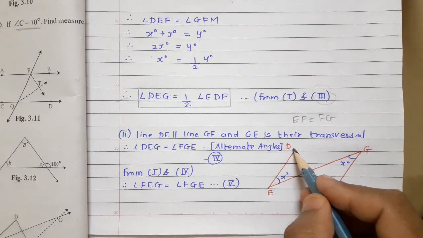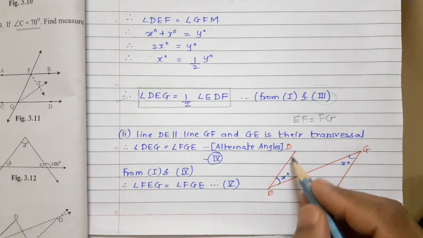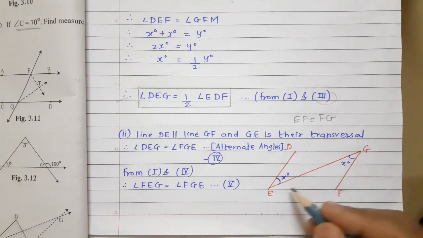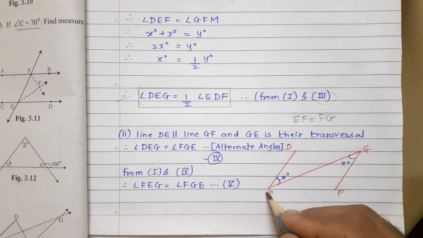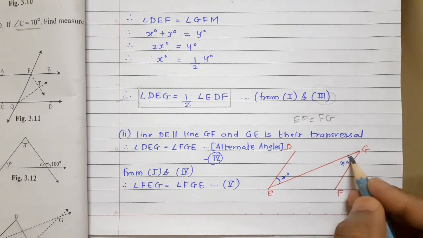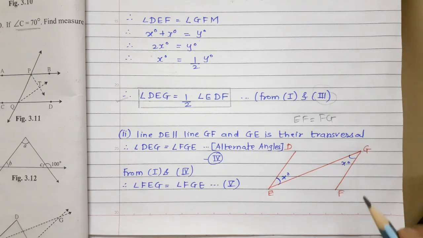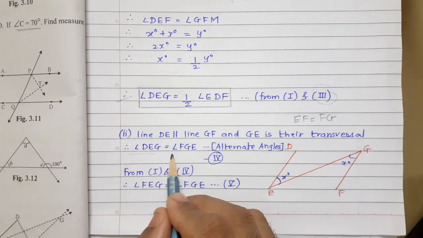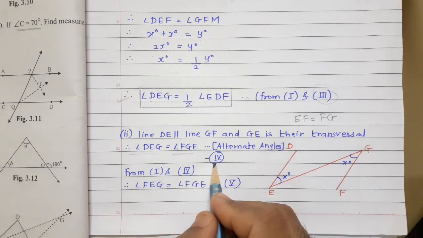So angle DEG and angle FGE, these two angles, are alternate angles, and we know that alternate angles are equal or congruent. So we can write angle DEG is equal to angle FGE, and reason is alternate angles. Give it as equation number 4.